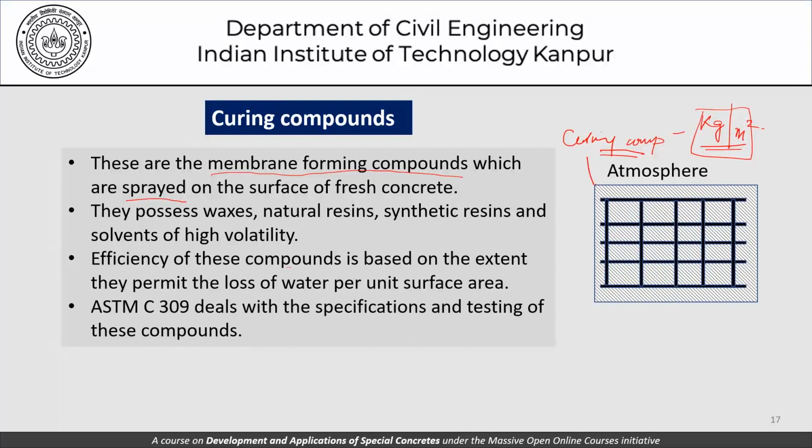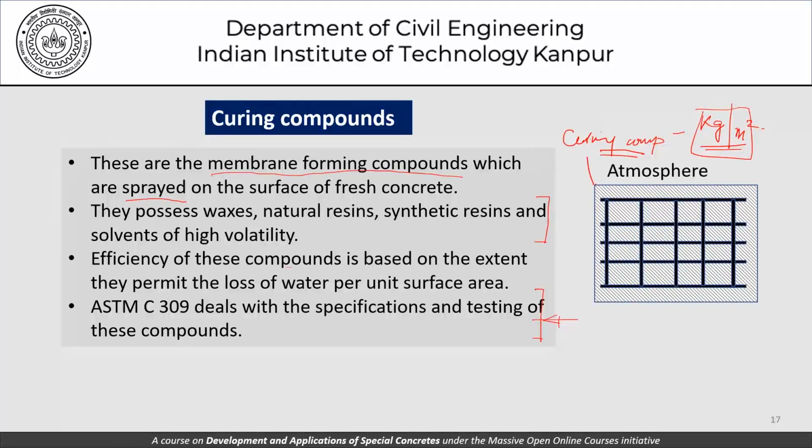ASTM C309 deals with the specifications and testing of these compounds. You are free, and in fact you are encouraged to go to ASTM C309 and read about these curing compounds. Try to find out a little bit more about commercially available curing compounds and see how they have been used, where they have been used.